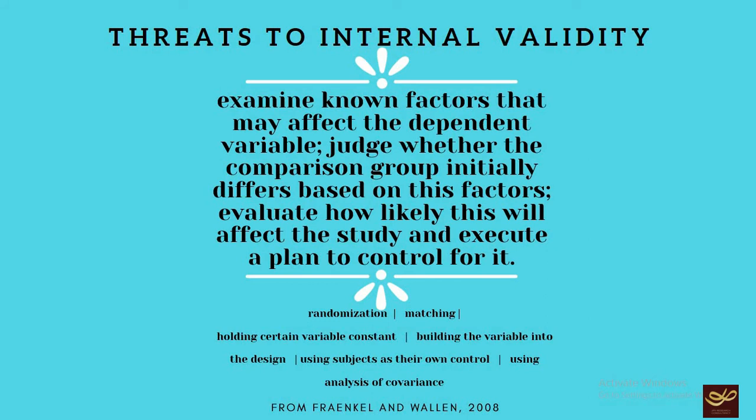So these modalities used to control for extraneous variables may also be used in controlling for threats to internal validity, that is, if you were able to identify them beforehand. So the key is identification.